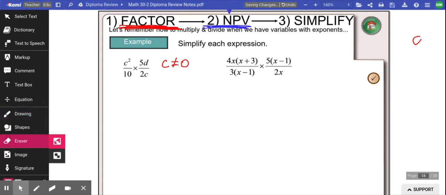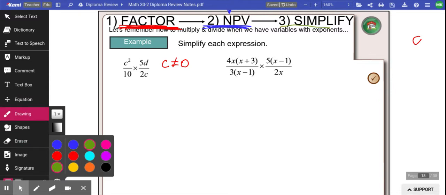Awesome. The third step that we did in every single question was we simplified. Simplifying when it's multiplication of rational expressions, what we like to do is combine it into one rational expression, so one fraction, and then simplify anything that can simplify. The way we combine them into one is we multiply across the top and we multiply across the bottom, and that becomes one fraction overall.